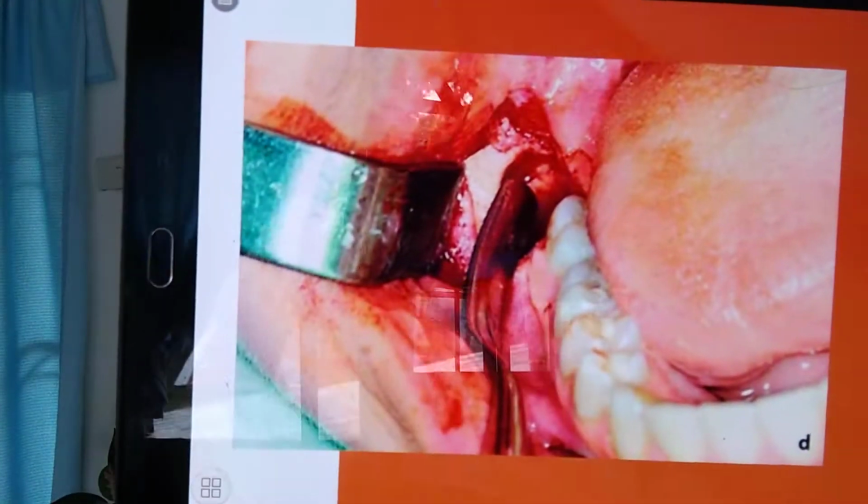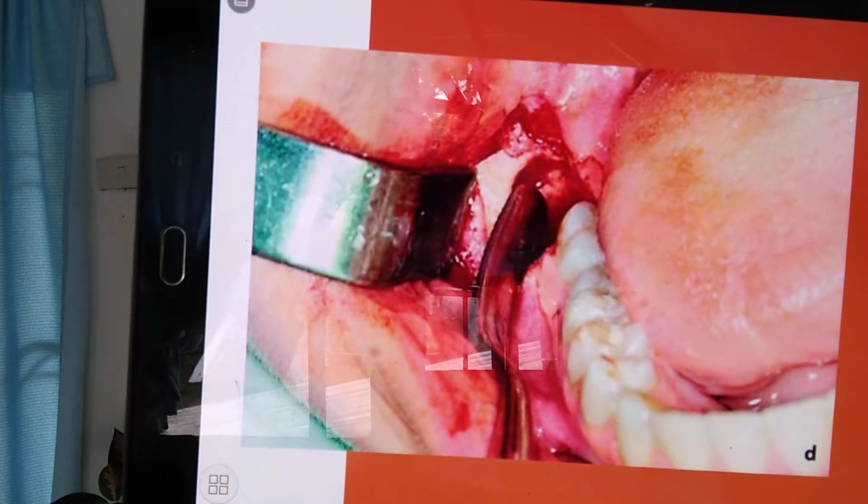And then the bone margins are then examined to ascertain if there are any sharp edges, and if there are any sharp edges left, you need to smooth it using a bone file or a special burr to smoothen the bone.